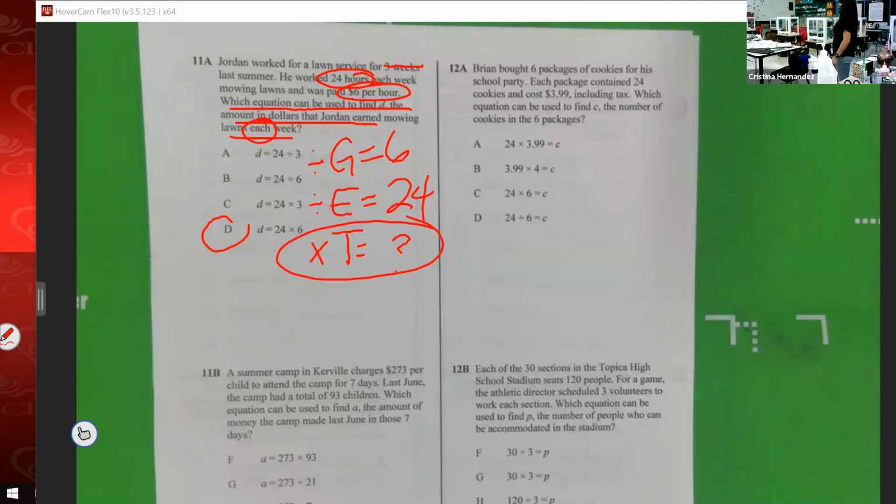Yep, each. So you know we're going to be using what? Per is like each. When you hear the word per, it's like each. Yes. Come on. We're doing 11B.